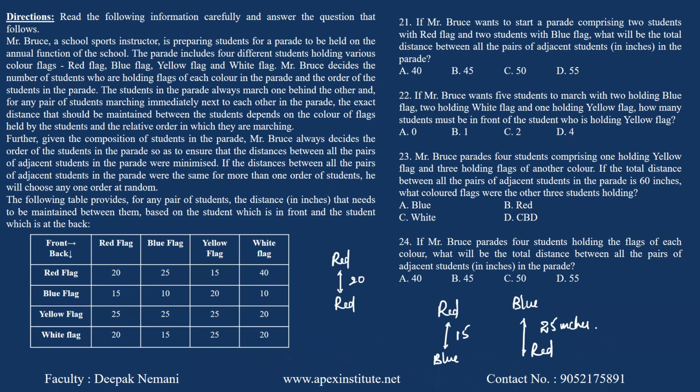So if you observe, these 4 questions are independent questions because you do not have a definite arrangement of flags corresponding to these 4 colors, because we are neither given the number of students in the parade nor any data with respect to the order of the colors of the flags that these persons hold. So these four questions are independent questions. So this is an open set.